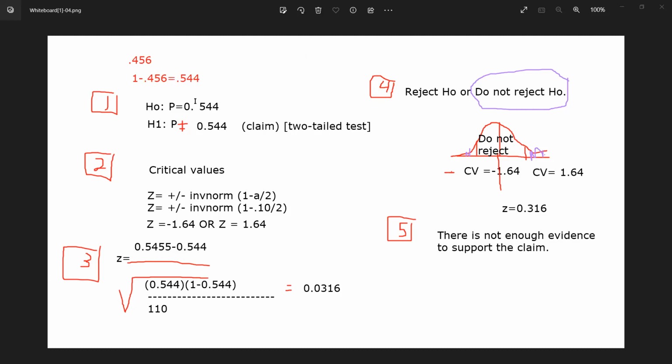Those are going to be your percentage for your null and your alternative hypothesis, okay? So your P is 0.544 here, and the hypotheses are P equals or not equals 0.544. Correct. And if you want the top portion of this, the parameter would be the population proportion P, because remember, now we're dealing with proportions.